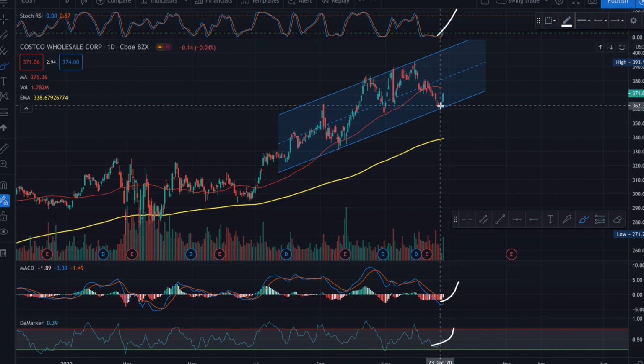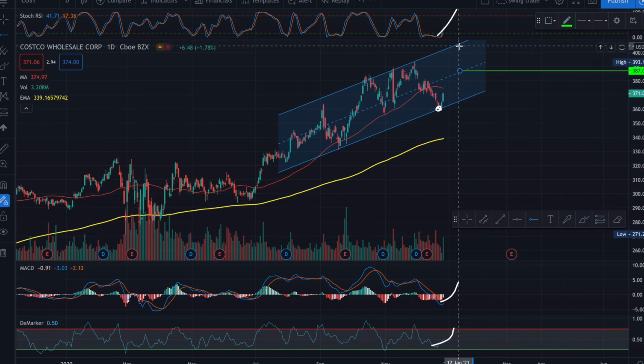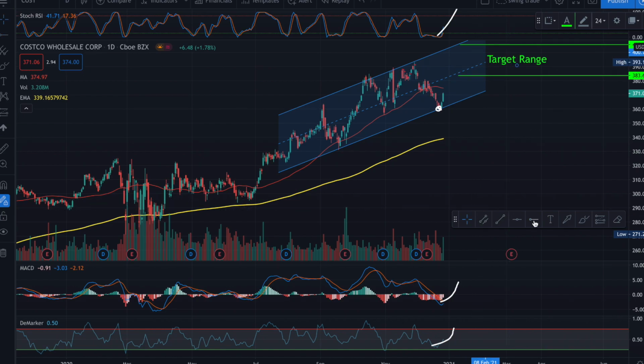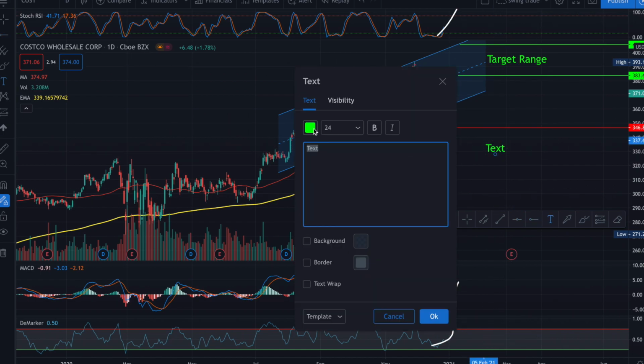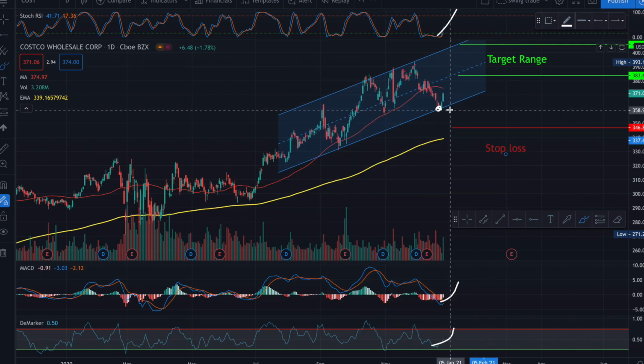So we got in right around here. I'm looking for a target right around this area, and I will cut losses at this previous support, which is right here.